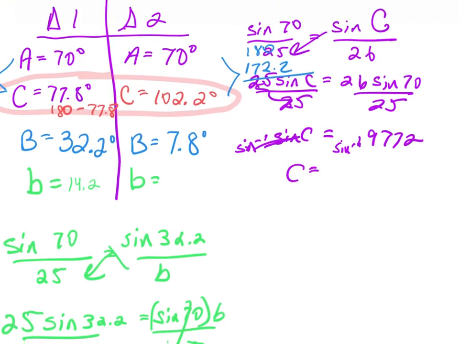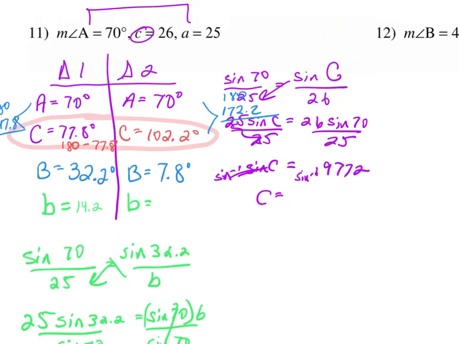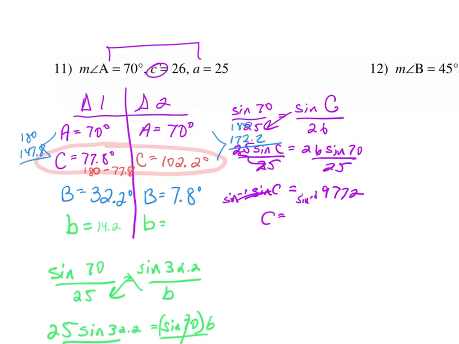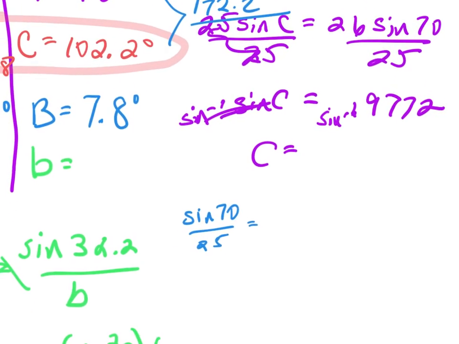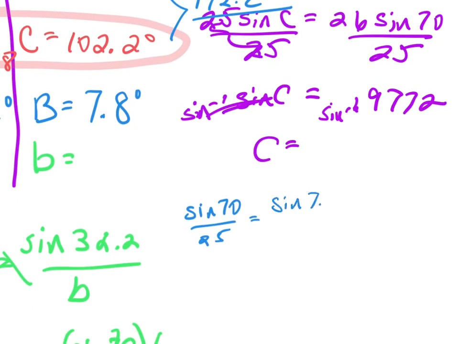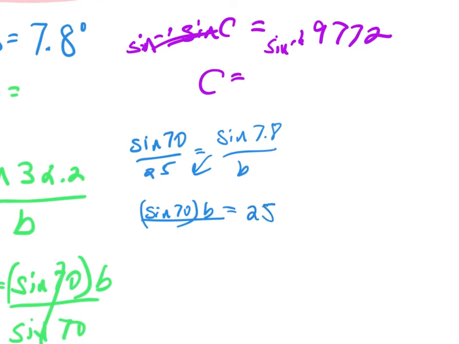Now we do the same thing for the second triangle. You use the same angle and measurement given: sine 70 over 25, and then sine of 7.8 over B. Cross multiply. So you get sine of 70 times B equals 25 times the sine of 7.8.